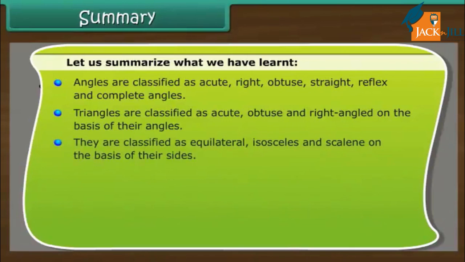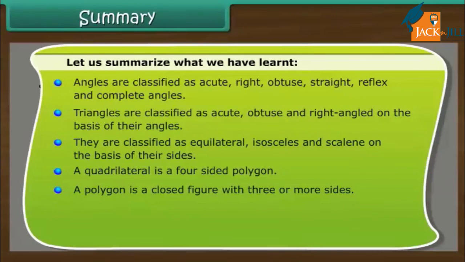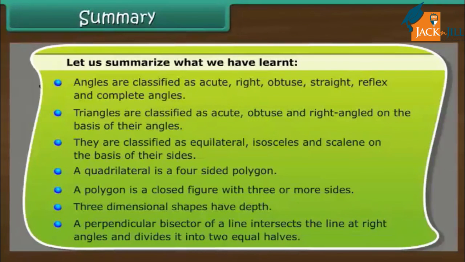They are classified as equilateral, isosceles, and scalene on the basis of their sides. A quadrilateral is a 4-sided polygon. A polygon is a closed figure with 3 or more sides. Three-dimensional shapes have depth. A perpendicular bisector of a line intersects the line at right angles and divides it into 2 equal halves.